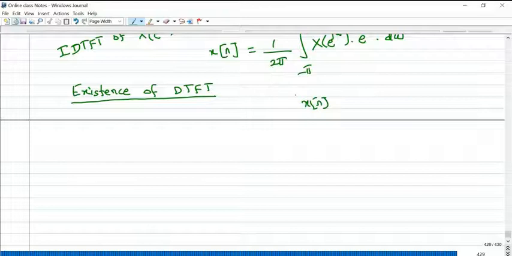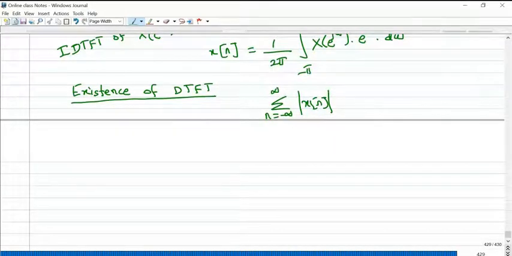The given discrete signal should be absolutely summable. Summation n from minus infinity to infinity of the magnitude of x of n must be finite, or otherwise called, the x of n signal must be absolutely summable.